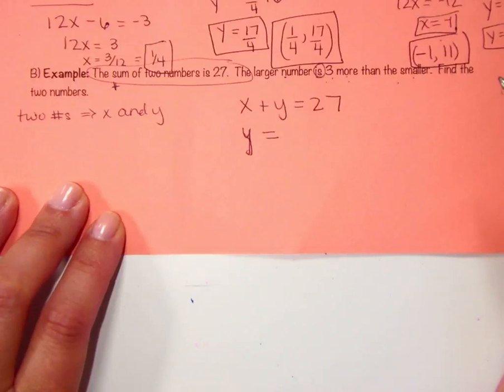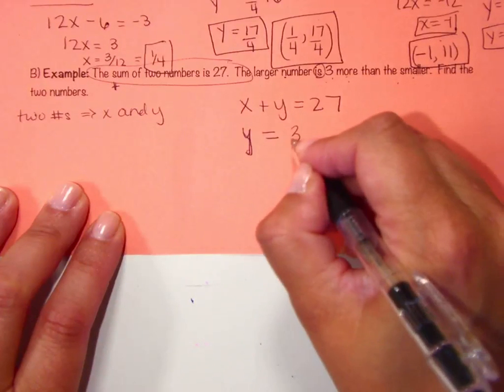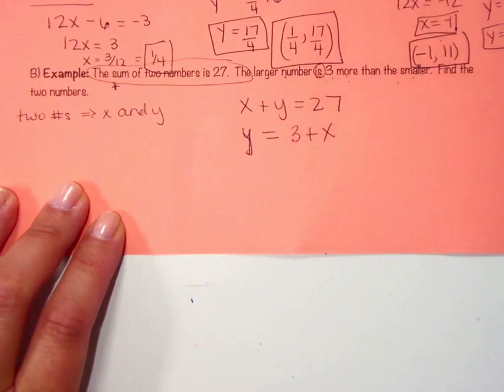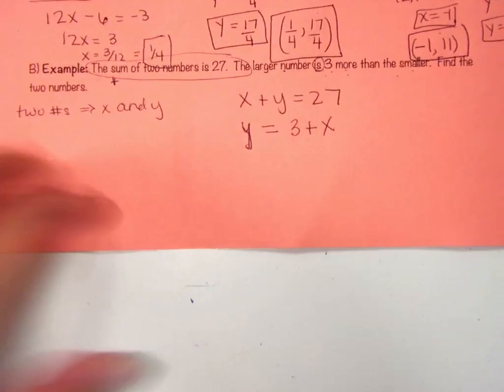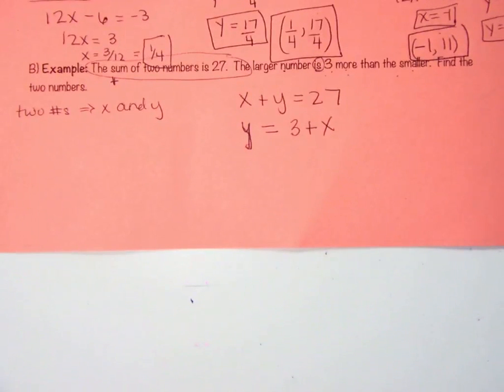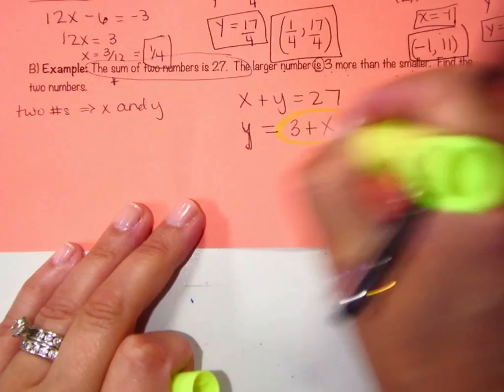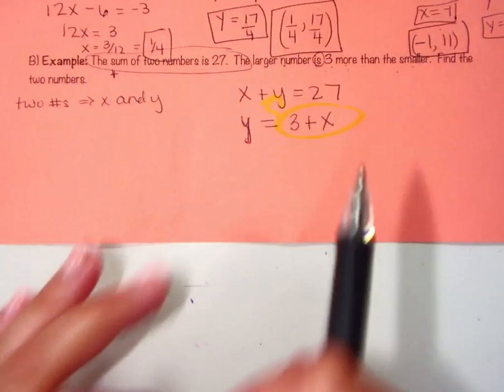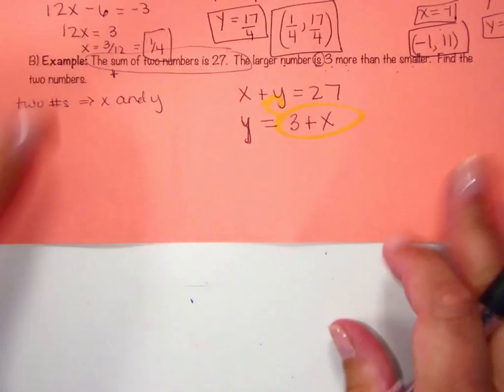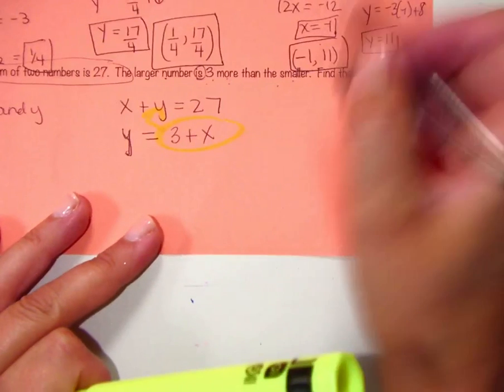How do we say 3 more? Yeah, exactly. So 3 more than the other number. And then we already have a system where we have a variable by itself, so we can go ahead, substitute that 3 plus x into y and solve.